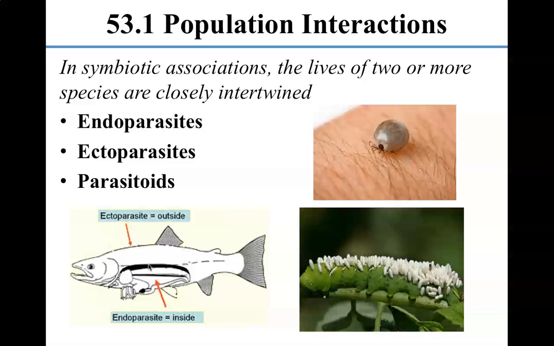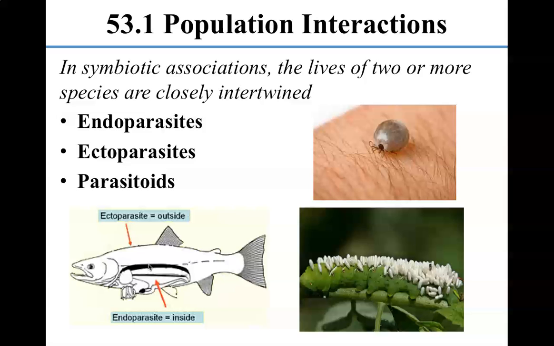If you're an endoparasite, once you get inside your host, that's awesome, as long as you can fight off its immune system, but it can be hard to get inside of a host. Ectoparasites just latch onto the outside and maybe drink blood like a tick. You don't have to fight off an immune system. You just take a meal and drop off. But if you're an ectoparasite, you're exposed, and the host can pull you off or bite you or scrape you off.